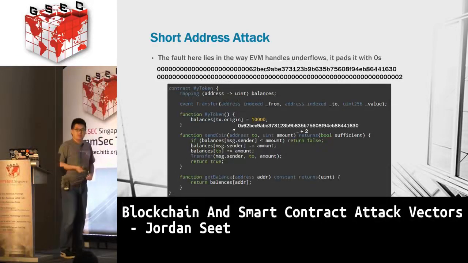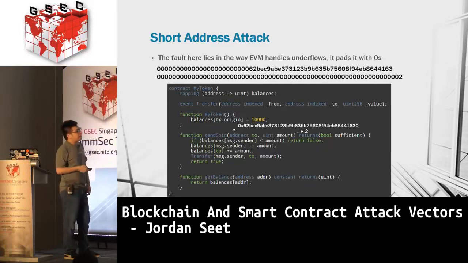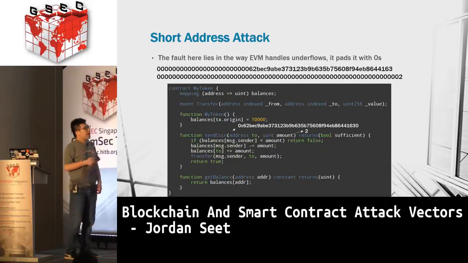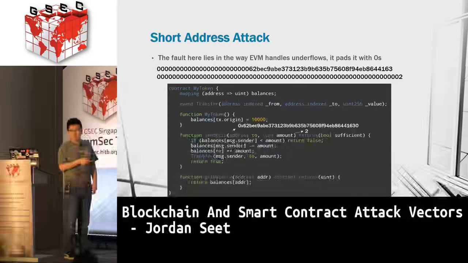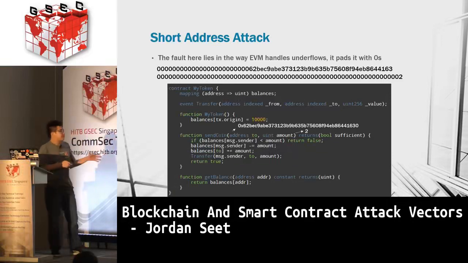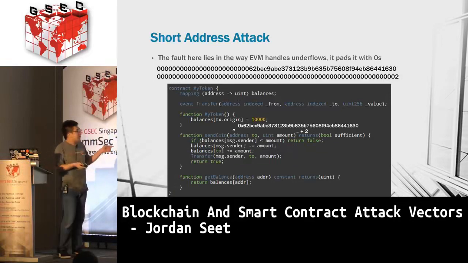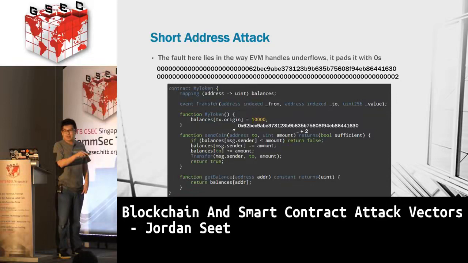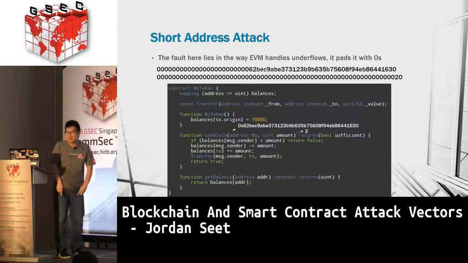So this guy tried, what happens if I delete a 0 from this? Because I know that it will pad it with 0 eventually, right? So I remove a 0 from the last digit of the address, and the results were quite astounding. The virtual machine essentially just padded it, they took the 0 from the address, and then realized that this didn't fulfill the number of bytes required, so they padded it with 0.